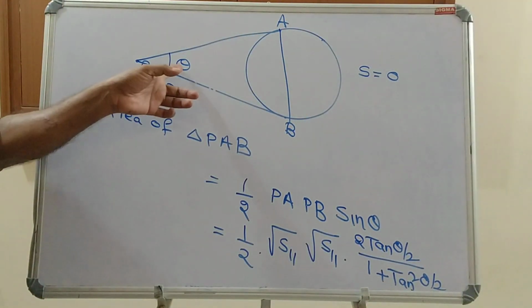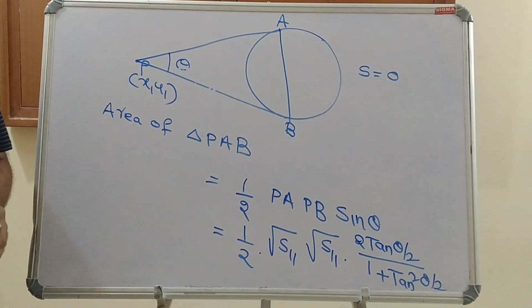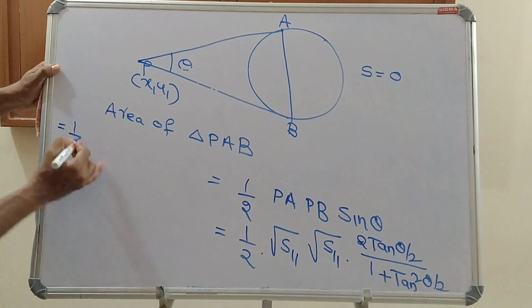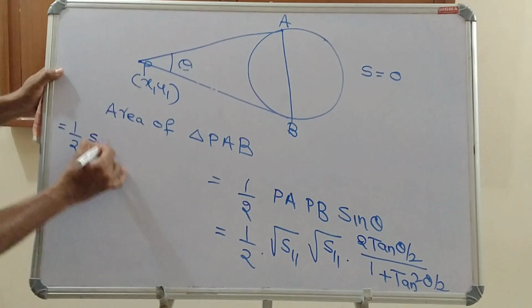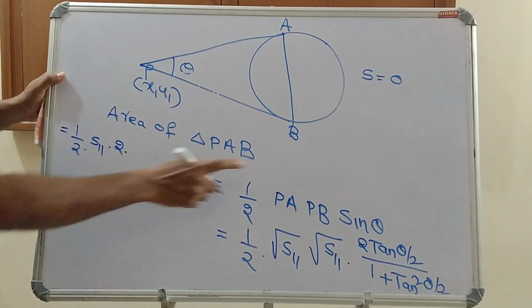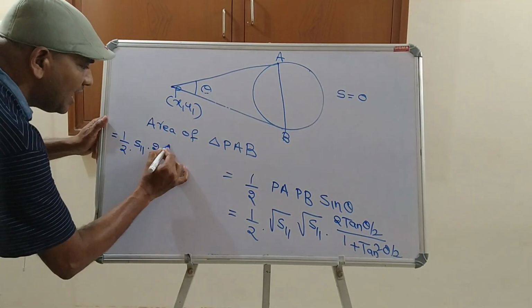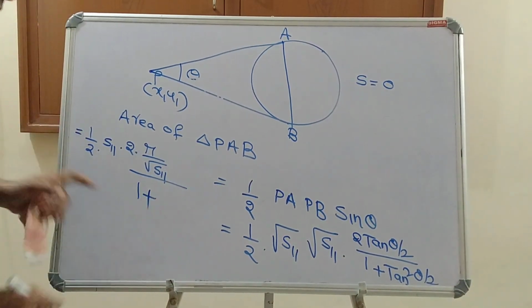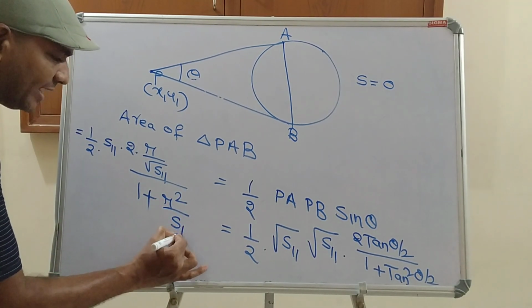But theta is the angle between the tangents. We know that tan theta by 2 equals r by root S11. So 1 by 2 into root S11 into root S11, that is S11, into 2 into tan theta by 2, r by root S11, by 1 plus tan square theta by 2, r square by S11.